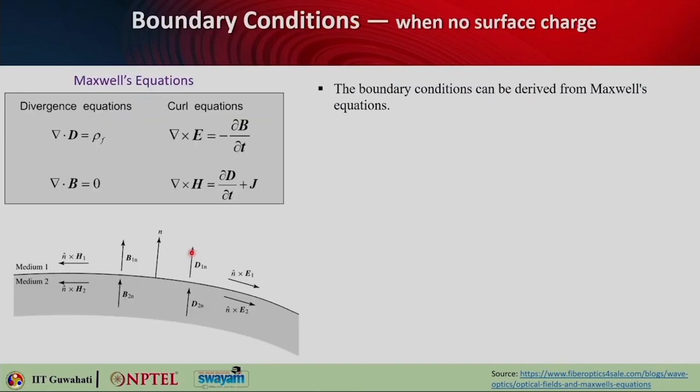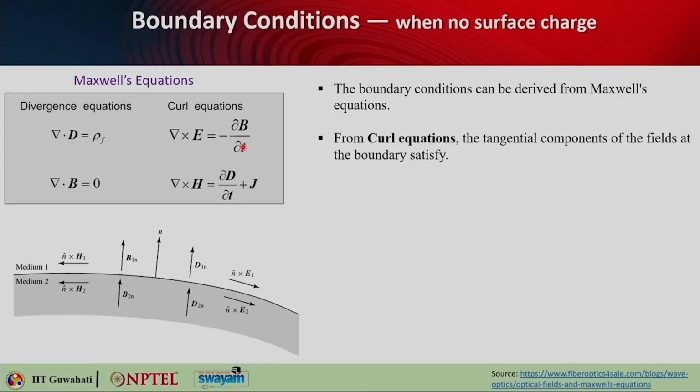These conditions are basically derived from Maxwell's equations. From the curl equations, these are the two curl equations, we have seen them a couple of times. From here we can say that the tangential component of the field at the boundaries must satisfy the following. You can calculate n cap, which is nothing but the vector marking the normal to the interface, cross E1, so you have a cross product, and that should be equal to n cap cross E2.